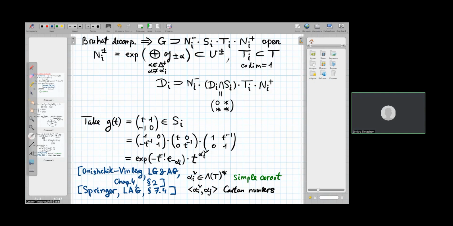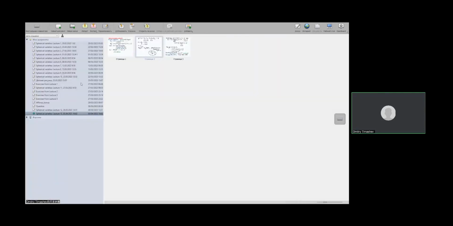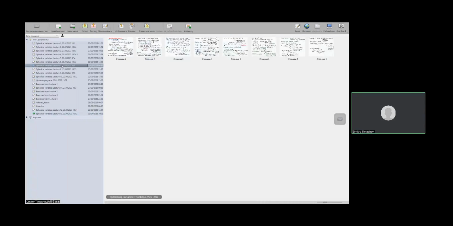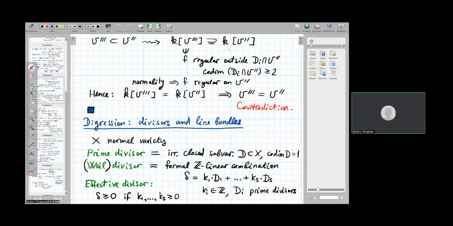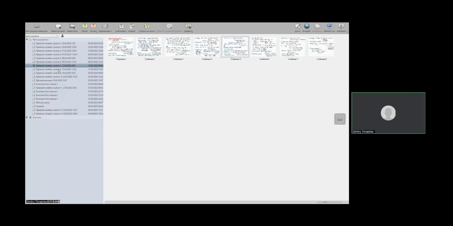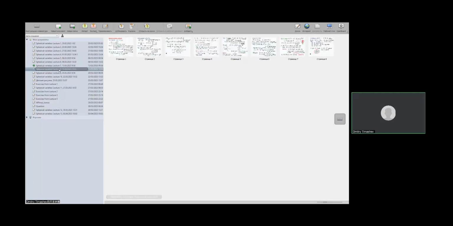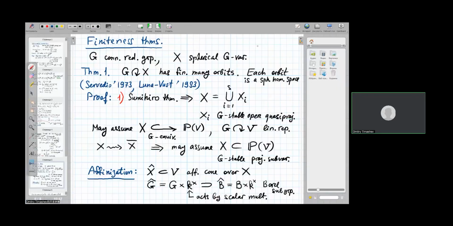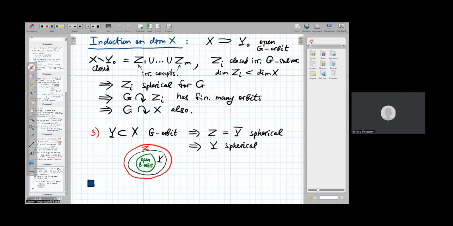Well, maybe let's take a look. I don't remember what lecture this was, lecture 7 maybe. No, it was not lecture 7. Maybe this one. Yeah, finiteness theorems. So maybe the next. Yes, you are right. I didn't look into my notes. Okay.